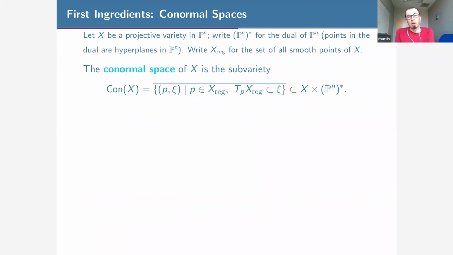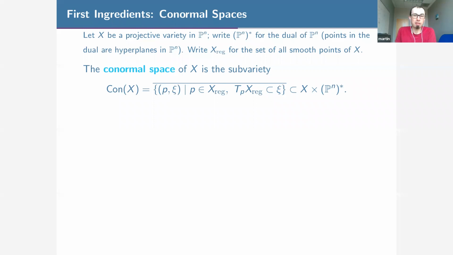Okay, so our first ingredient in that direction is going to be the conormal space. So I'm just going to restrict myself for now to projective varieties, complex projective varieties. Everything holds actually for real affine varieties, though that's more recent and that isn't in the paper, but I'll come back to that a little bit later.